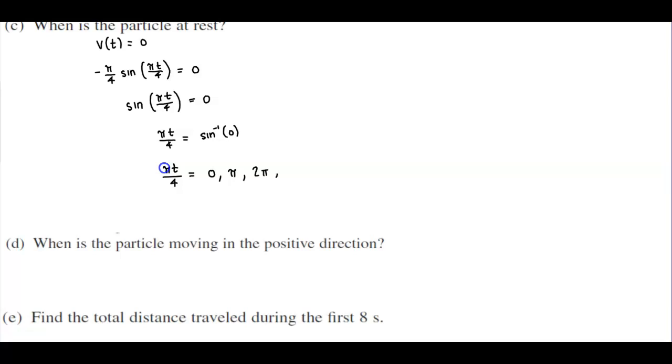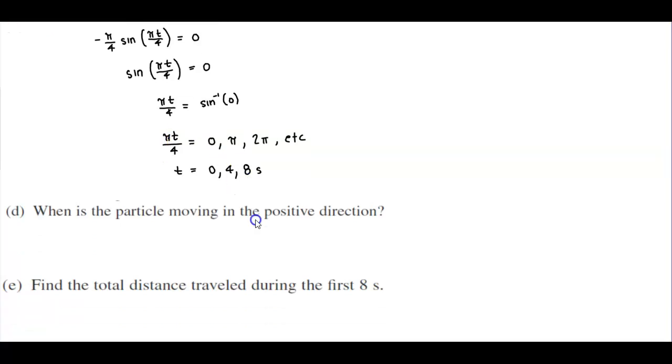And so we can keep going on, but we're going to solve for t here, and we're going to multiply each of these by the reciprocal of pi over 4. So 4 over pi times 0 is going to give us 0. And then 4 pi over pi is going to give us 4. And then 4 times 2 pi over pi is going to give us 8. So therefore, those are the seconds: 0, 4, and 8 seconds.